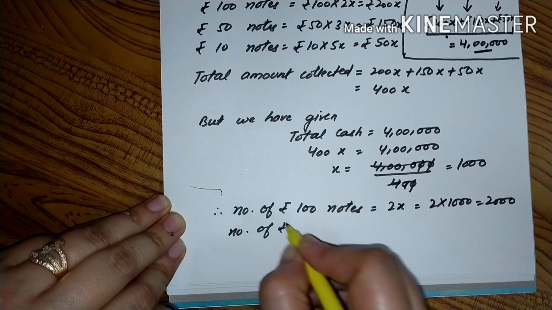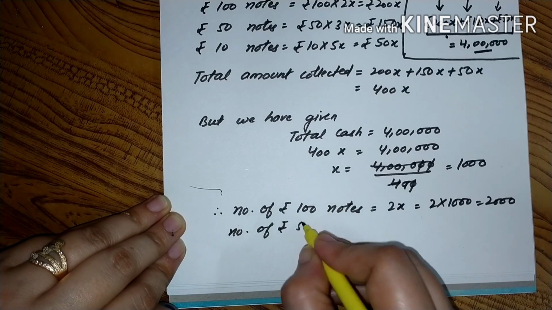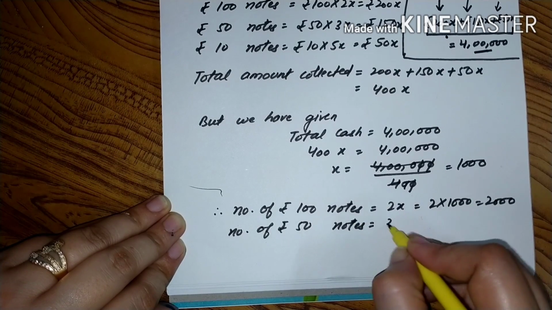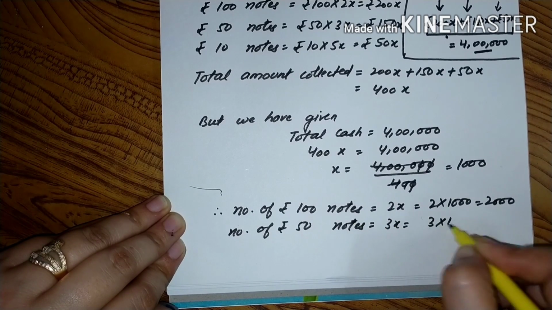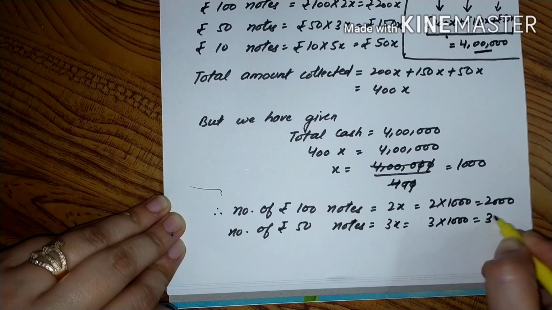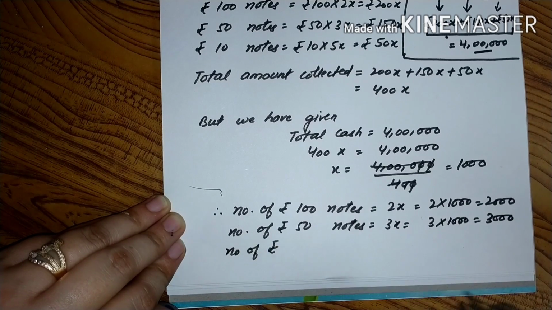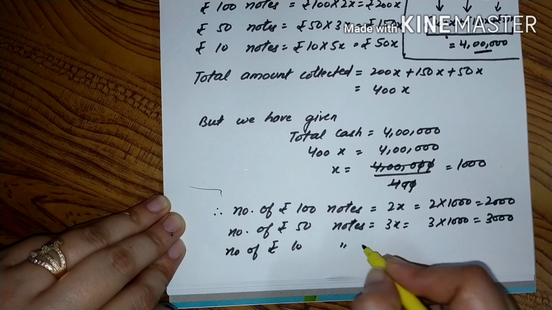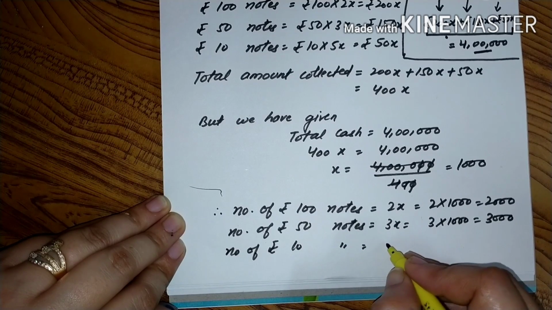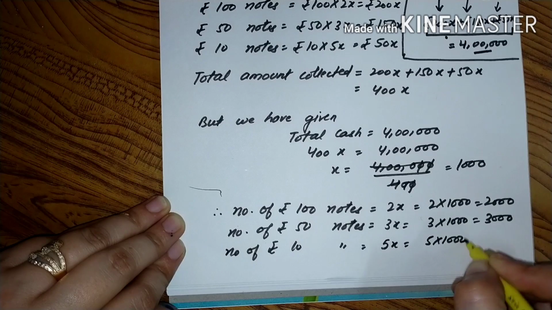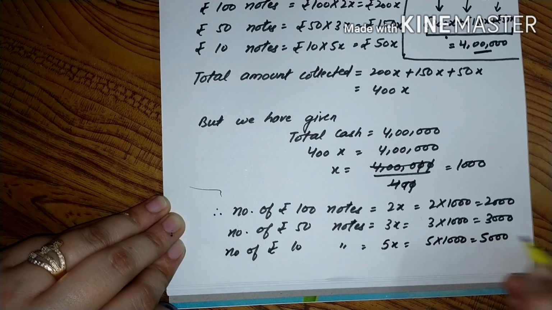Number of rupee 50 notes would be 3x, that is 3 into 1000, 3000. And the number of rupee 10 notes would be 5x, that is 5 into 1000, 5000. This is your answer.